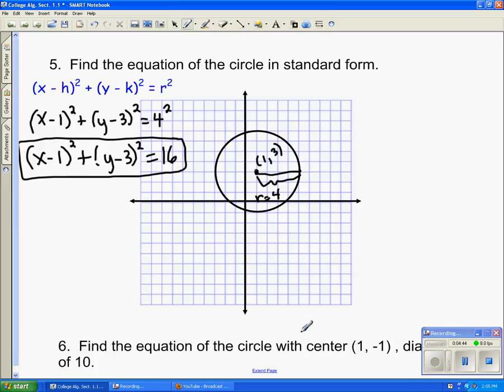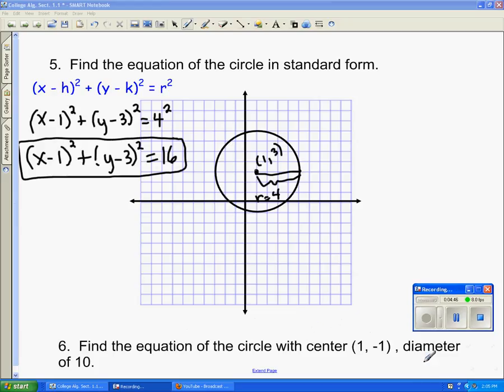Number 6 says find it if it has center (1, -1) and diameter of 10. Well, the diameter on a circle goes all the way across, and the radius is only half of that. So if the diameter is 10, the radius is 5.